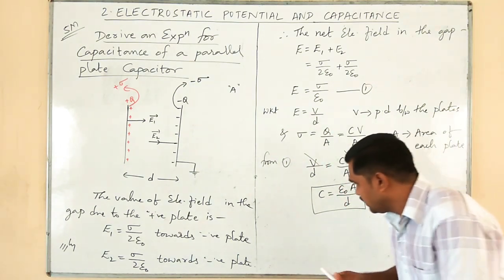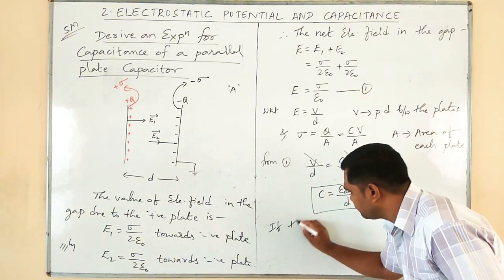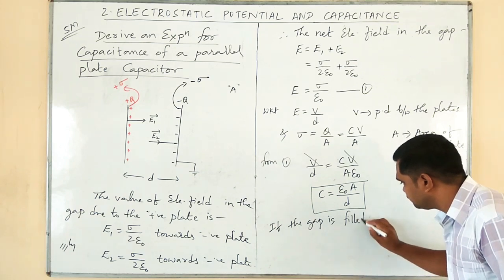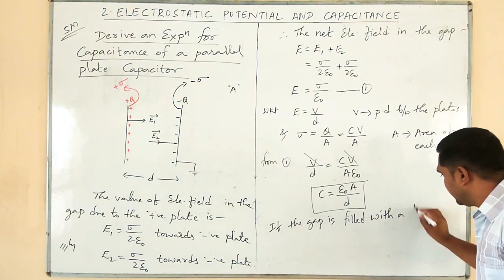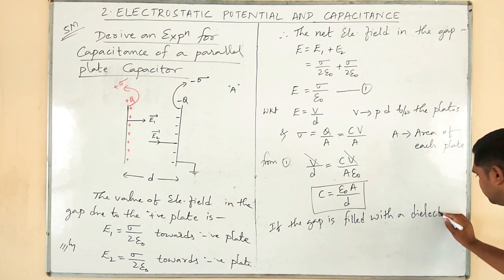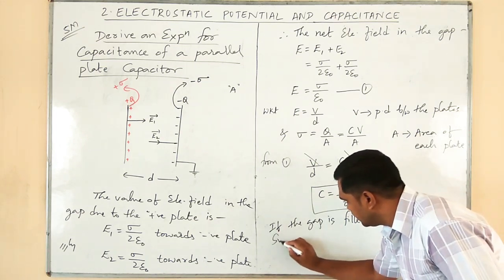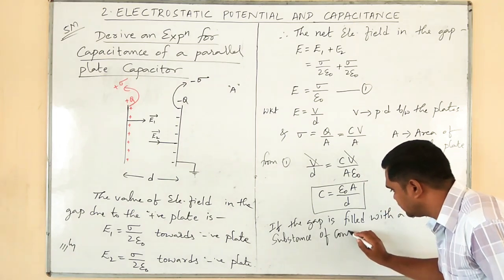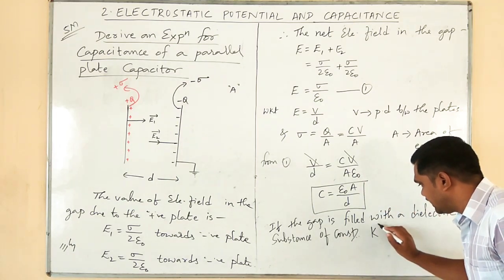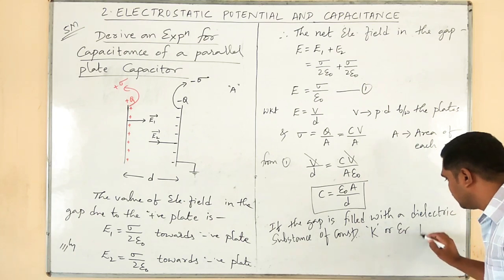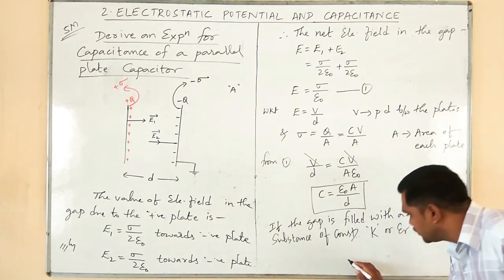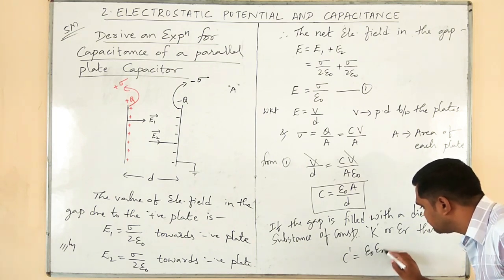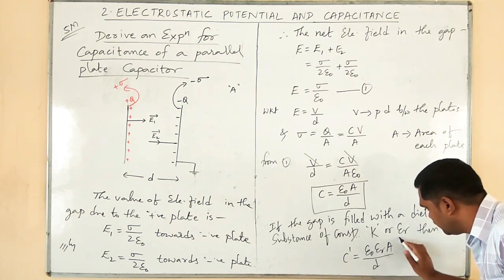Suppose the gap is filled with a dielectric substance of dielectric constant K or epsilon R, then this equation turns to be C prime is equal to epsilon naught epsilon R A upon d.